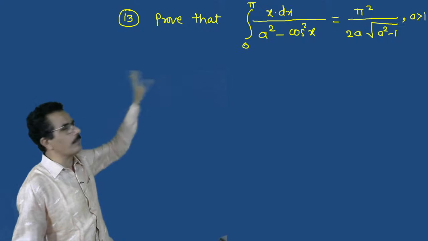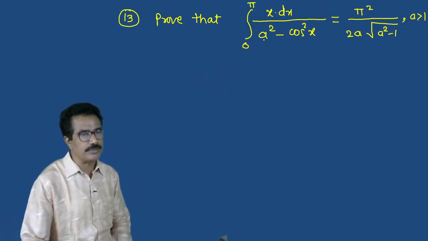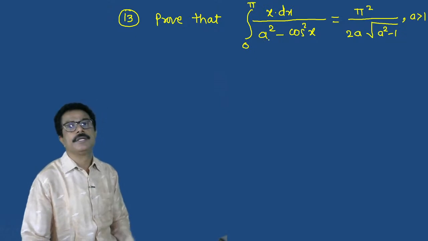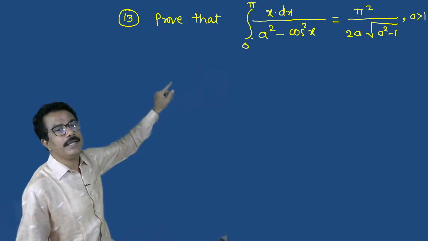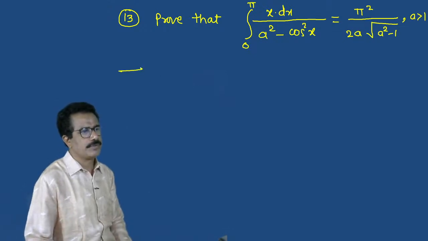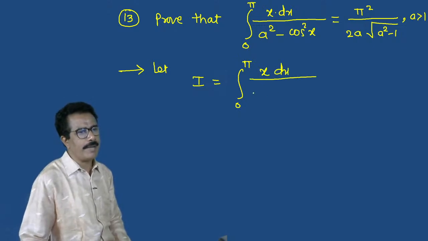Integral from 0 to pi x dx divided by a square minus cos square x dx is equal to pi square divided by 2a into root of a square minus 1, and it is essential that a must be greater than 1. So let I be equal to integral from 0 to pi x dx divided by a square minus cos square x.